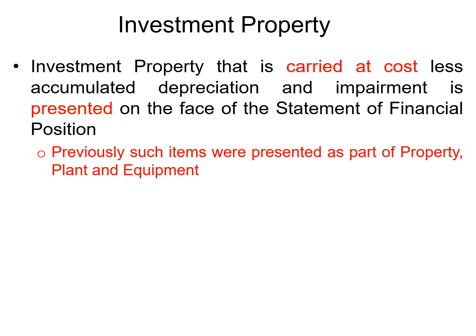Previously, any items of investment property that were shown at cost less accumulated depreciation and impairment were treated as if they were part of property, plant and equipment and presented as such. Going forward, you'll show a separate line item for these items.